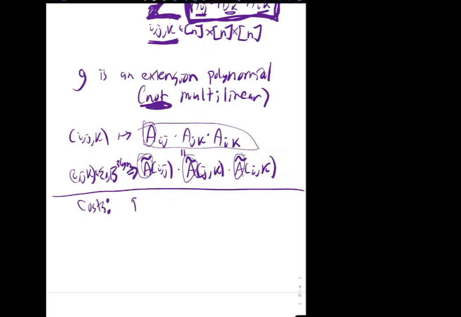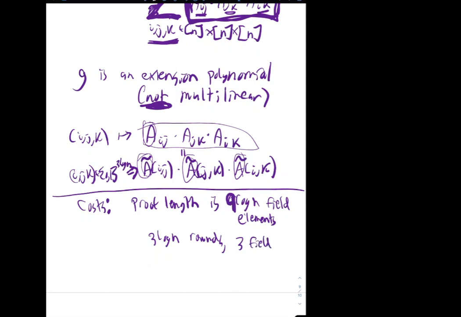The proof length is 9 log n field elements, because there are 3 log n rounds, and in each round the prover sends a degree 2 univariate polynomial, which takes 3 field elements per round. I always forget that degree 2 polynomials require 3 field elements to specify, not 2.